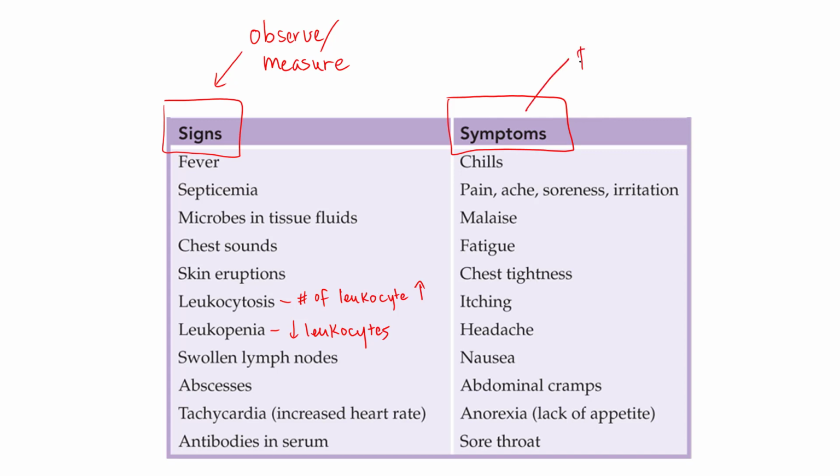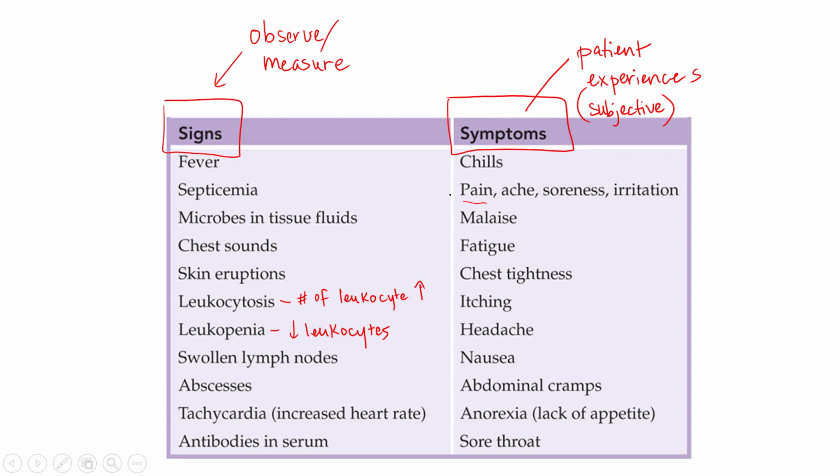Symptoms, this refers to what the patient experiences, which is highly subjective to the patient. It's not something we can necessarily measure, although there are ways you can try to measure this where you could ask the patient, for example, everybody experiences pain very differently.